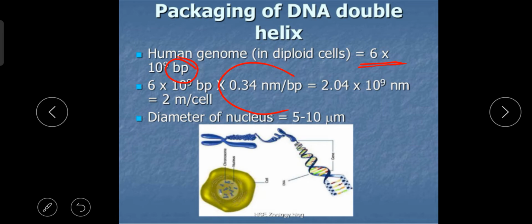Remember, 3.4 Angstrom is equal to 0.34 nanometer. Okay, so now multiply both and the result is 2 meter per cell. That means the length of the DNA in one diploid cell is approximately 2 meter.